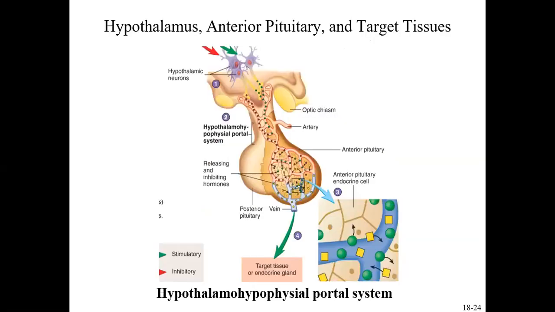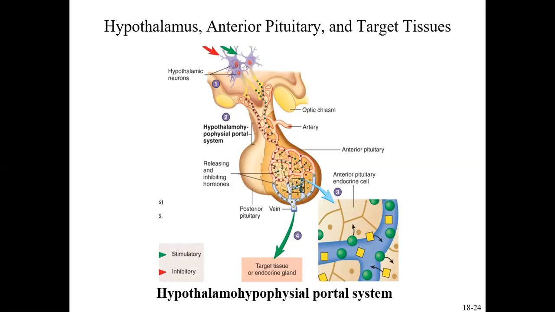So, for example, let me show you how these two are connected and how they communicate with each other. In this diagram, it shows, again, a side view of the hypothalamus. The hypothalamus, because it's part of the brain, is nerve tissue, and so it's made out of neurons. And so in the diagram, you see some neurons up here. They secrete, in this case, some hormones here. These would be neurohormones. And you have something called the hypothalamo-hypophyseal portal system.